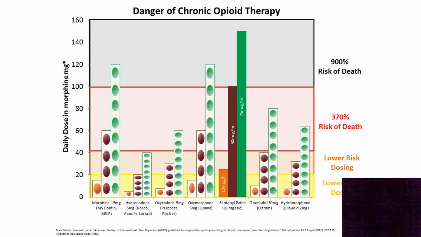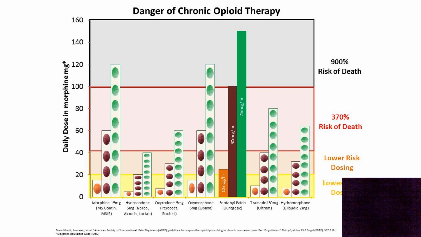And the comparison is 4 times somebody prescribed at that 0 to 20 morphine milligram equivalents. And if you end up above 100, your risk of death goes up 9-fold. So significantly high. And again, these are for fatal overdoses.